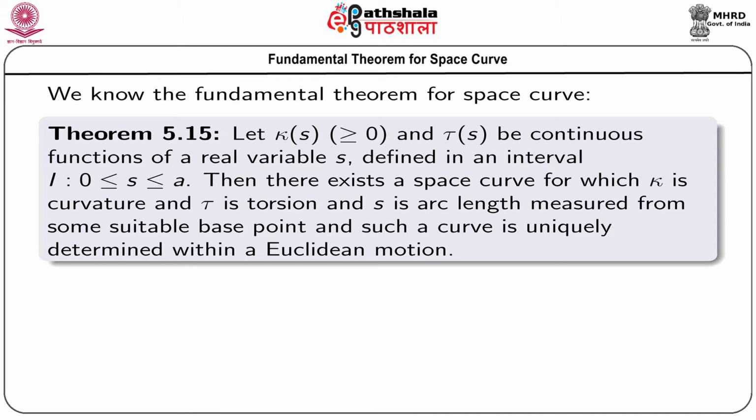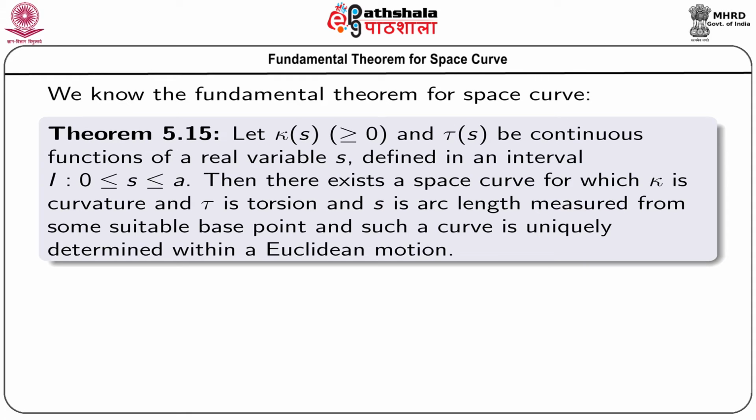Then there exists a space curve for which kappa is the curvature and tau is the torsion, where s is the arc length measured from some suitable base point, and such a curve is uniquely determined within a Euclidean motion.